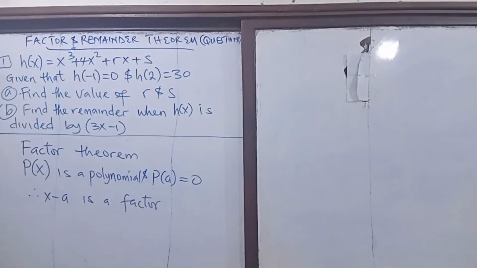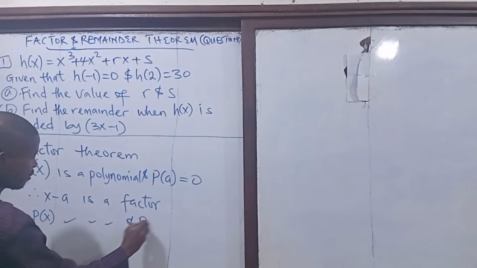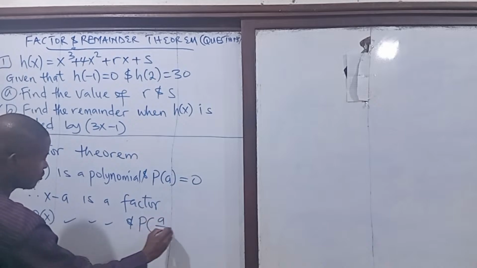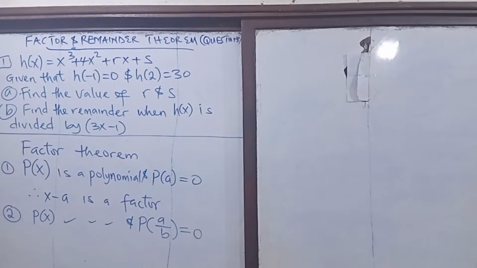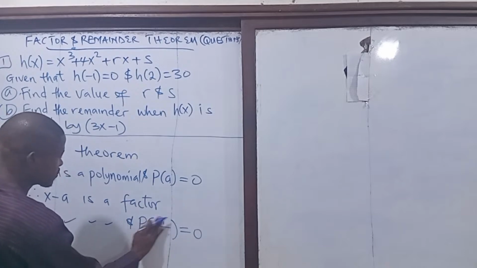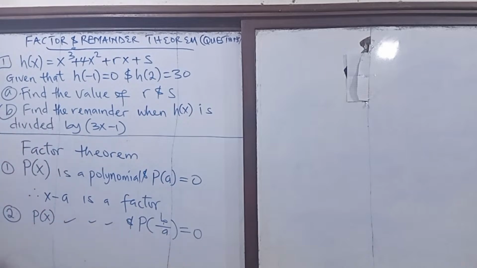We can go further and say if p of x is also a polynomial, and p of b over a is 0, it implies ax minus b is a factor.